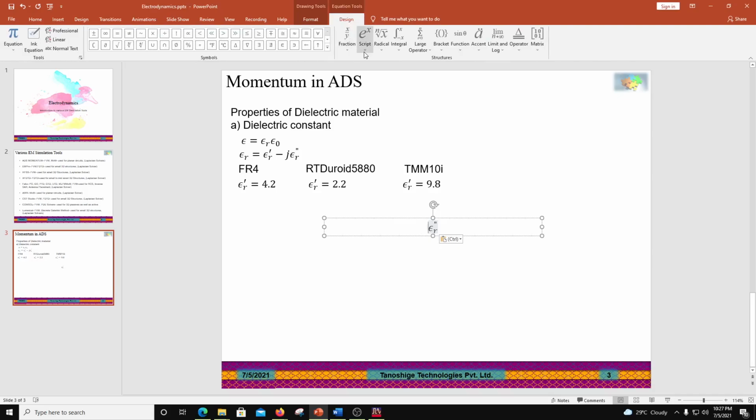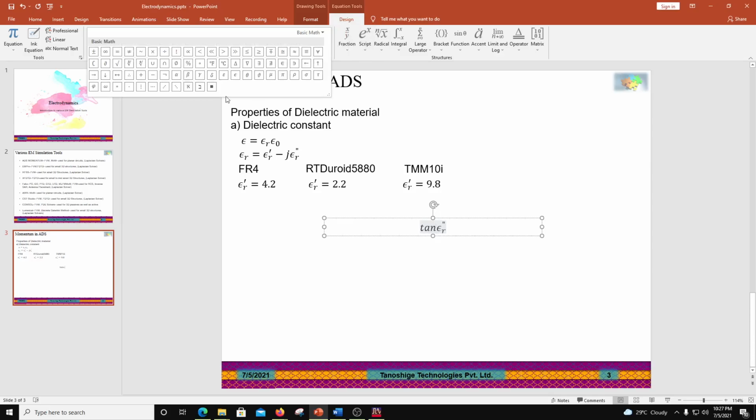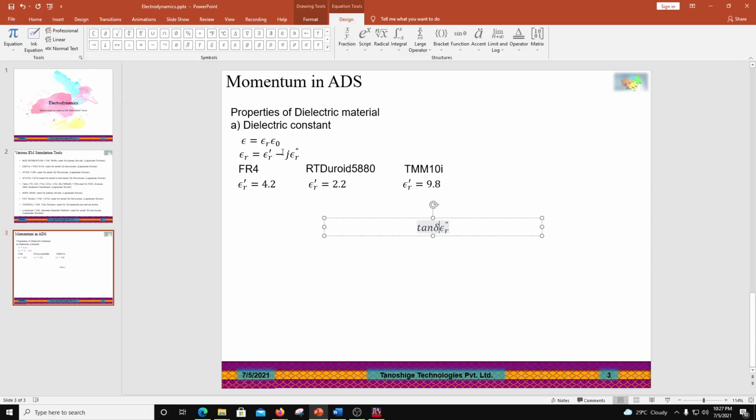I can say tan delta, and this is called loss tangent, which is the reciprocal of the dissipation factor. Tan delta is equal to sigma plus omega epsilon r double dash, divided by omega epsilon r single dash.